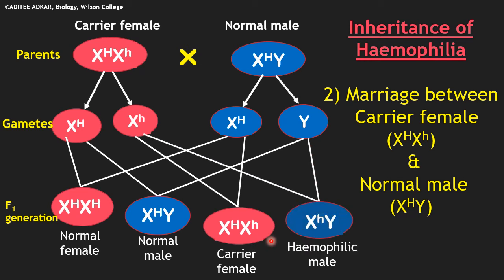And the fourth possibility is that of a hemophilic male, as the X chromosome shows the recessive gene, that is the gene which causes hemophilia. So here we see that there are 25% chances each of a normal female, normal male, carrier female and a hemophilic male.